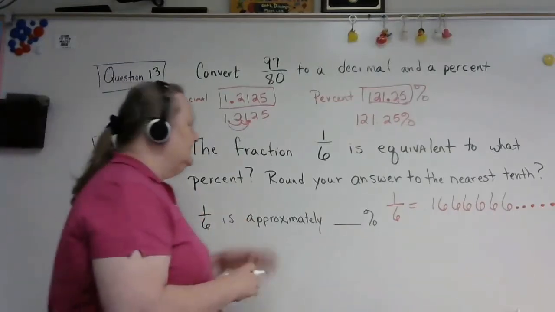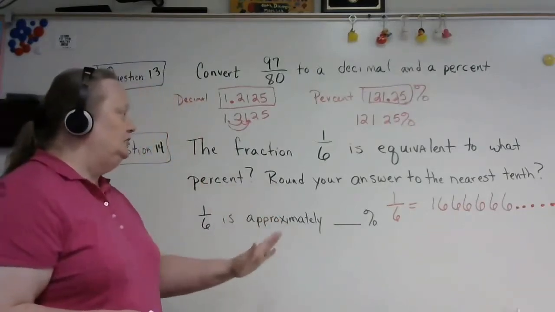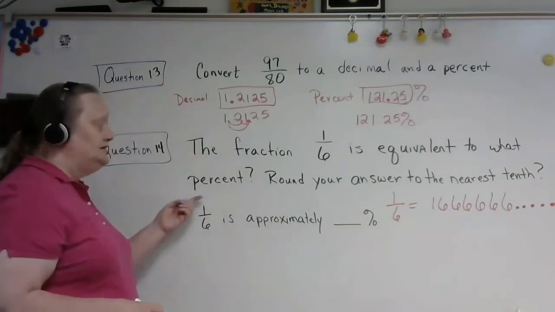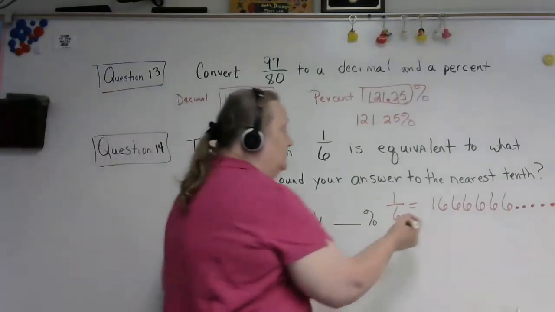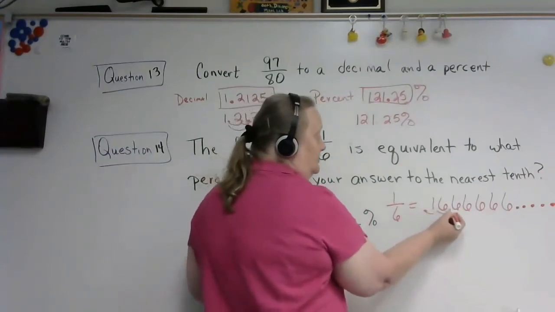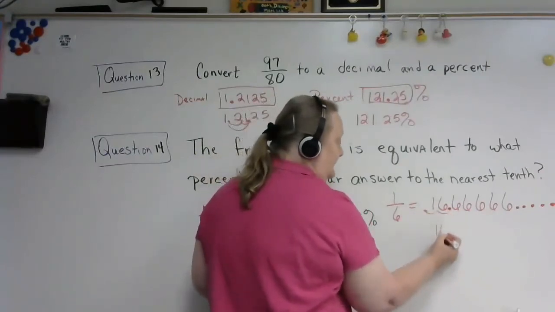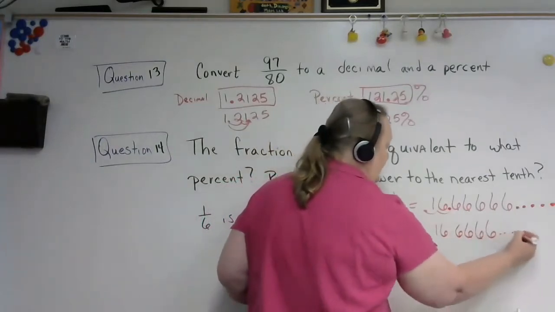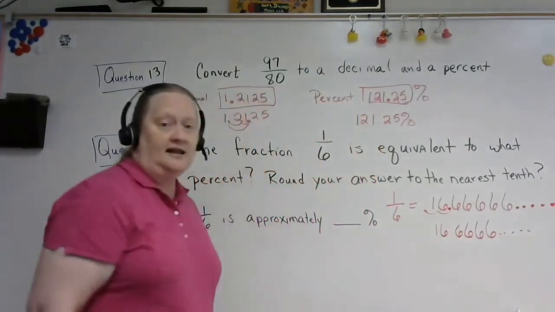So when we do this, let's first convert it, with all those extra sixes, to a percent. That would move our decimal 2 places. So the decimal starts here, and that moves it 1, 2 places. So that's 16 point, and then again, the sixes just keep repeating. I'm not going to write them all. I'm just going to write a dot.